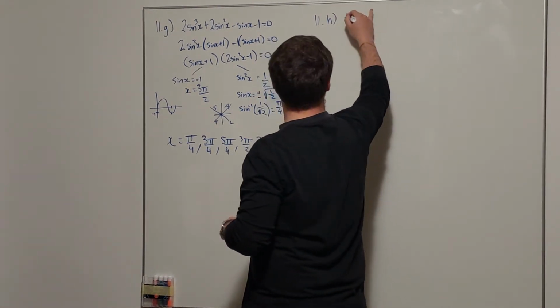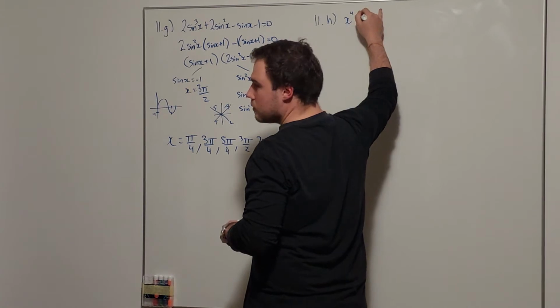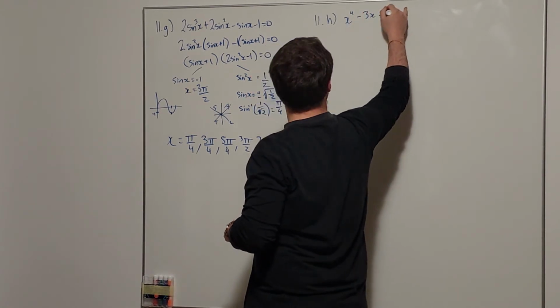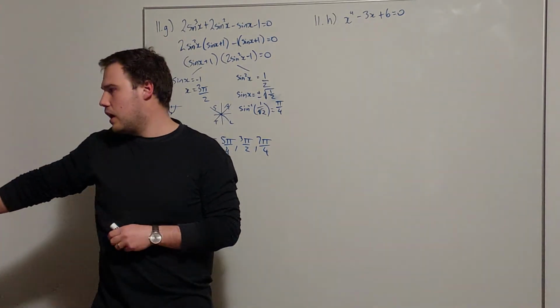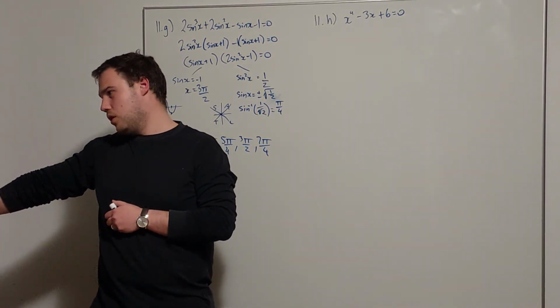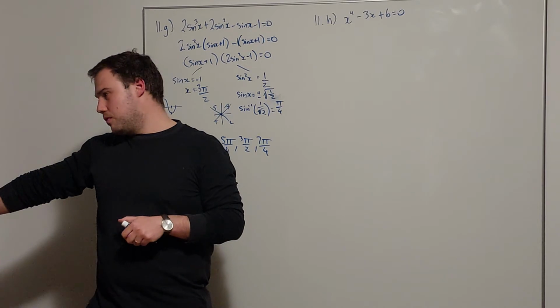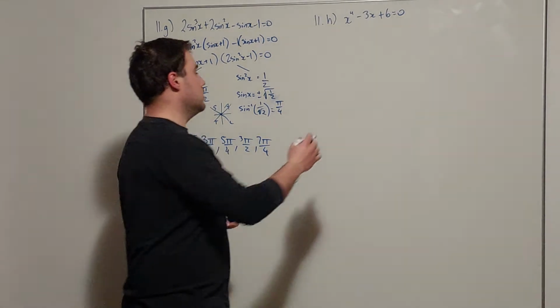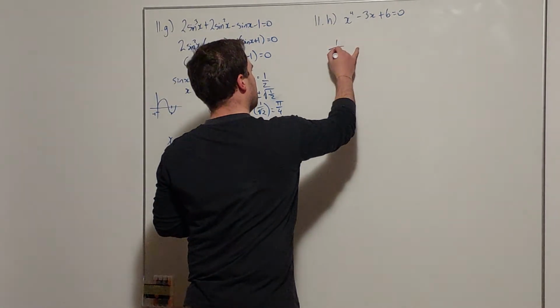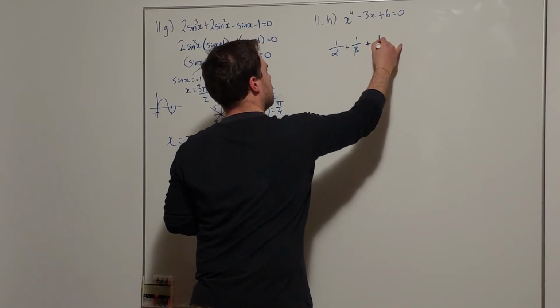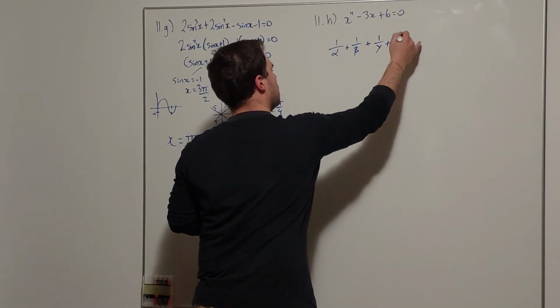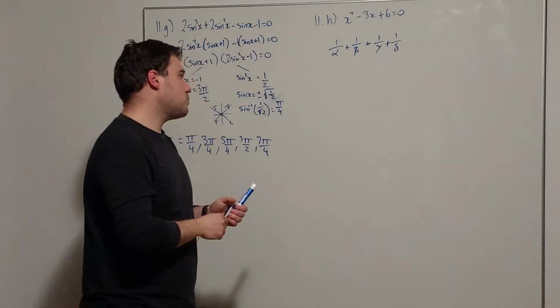Okay, so we've got x to the 4 minus 3x plus 6 equals 0. The roots of this are alpha, beta, gamma, and delta. What is the value of the sum of the reciprocals of them? So what is 1 on alpha plus 1 on beta plus 1 on gamma plus 1 on delta?